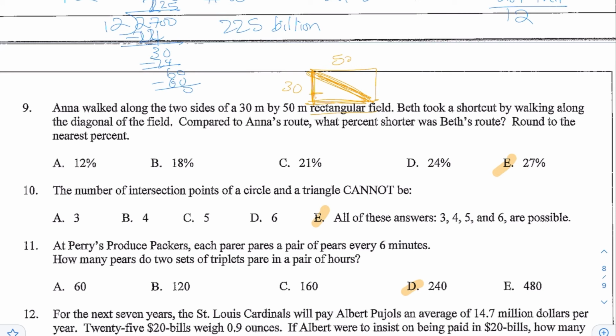And for the hypotenuse of this rectangle, it's the Pythagorean theorem, which states that a squared plus b squared is equal to c squared. So here, a is equal to 30, and b is equal to 50.